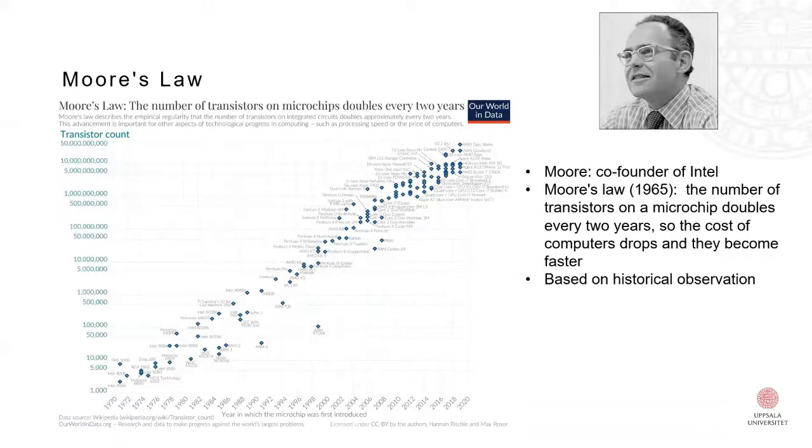Sometimes they were even more. When the number of transistors in an IC gets larger, the computer becomes faster because the transistors get closer to each other. So the data has to go through a shorter path, so it goes faster. And also the computers would get much cheaper. So faster and cheaper, these were the main implications.